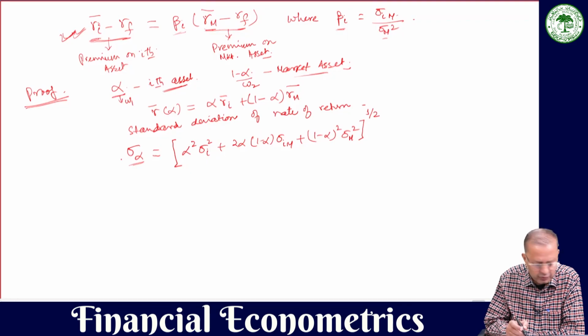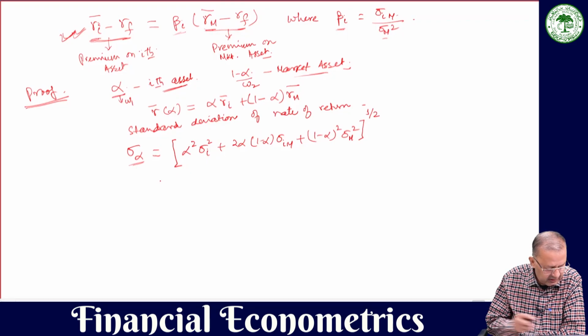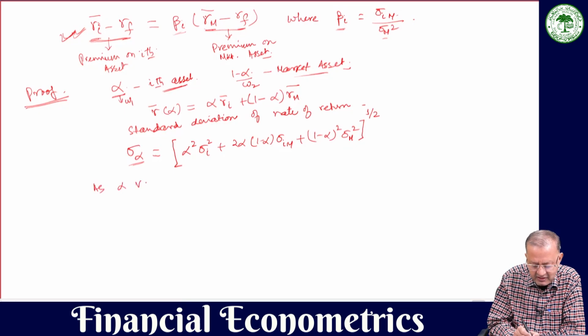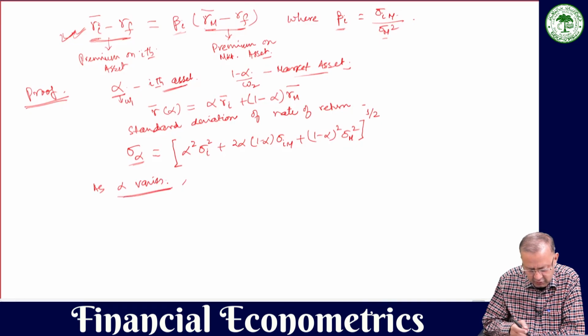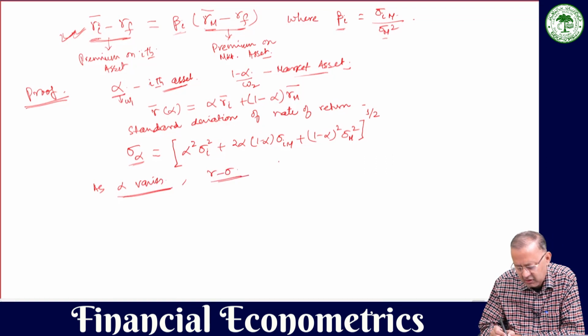Now what do you find in both these equations? As alpha varies, if there is a change in alpha, the values in the r sigma plane can be traced out as a curve.